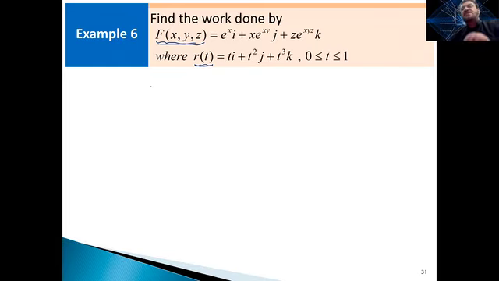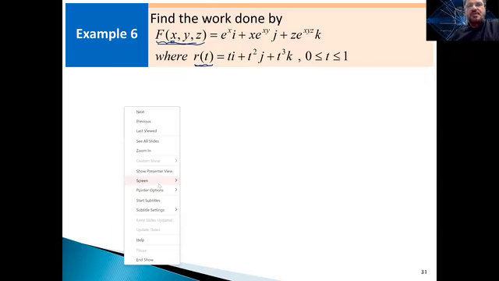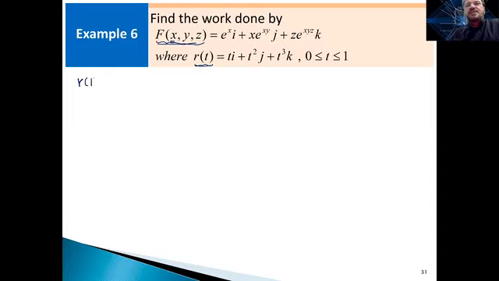So what do we do first, guys? The first thing you have to do is replace F. Before I do that, so you won't be confused, let me be more careful here with you guys. We know that R of t, our curve, is t i plus t squared j plus t cubed k.